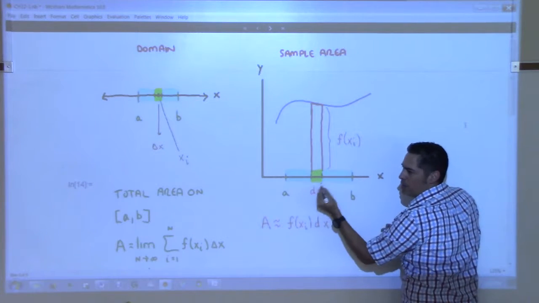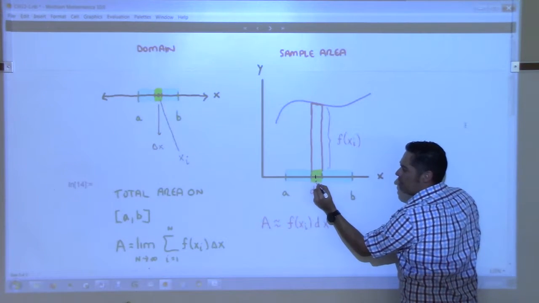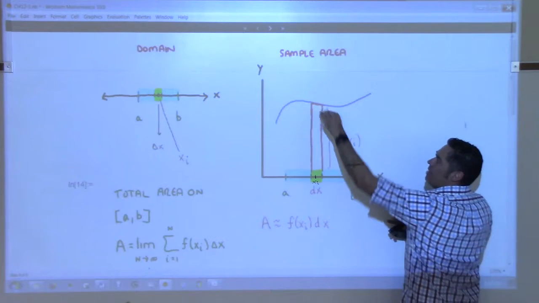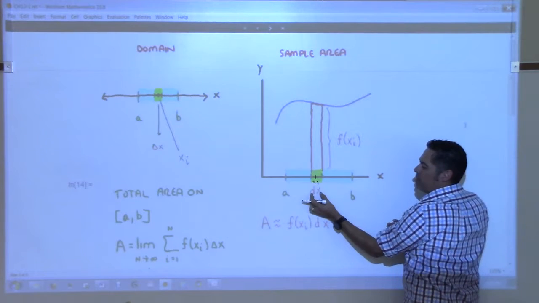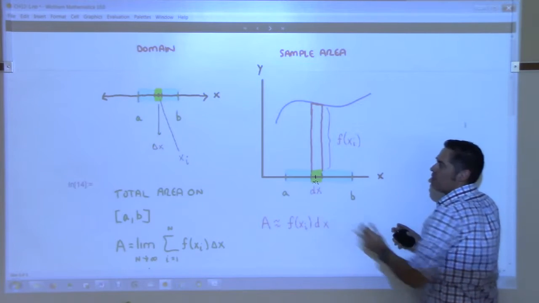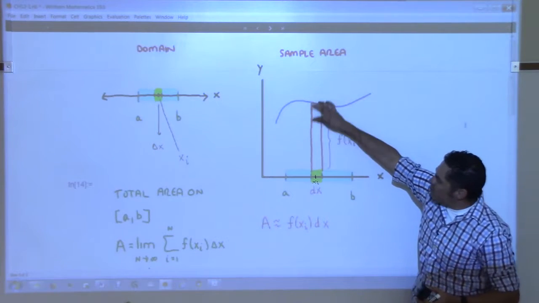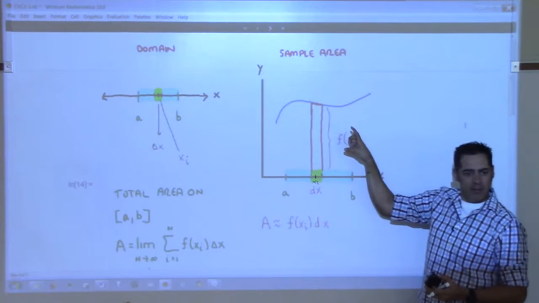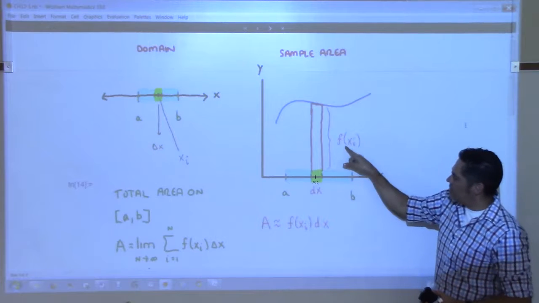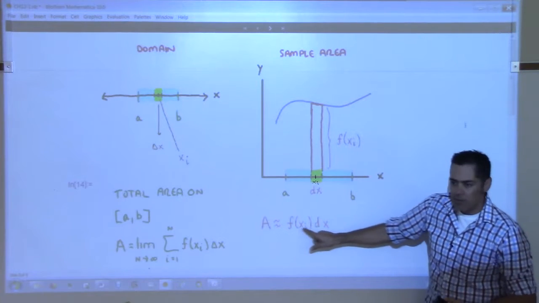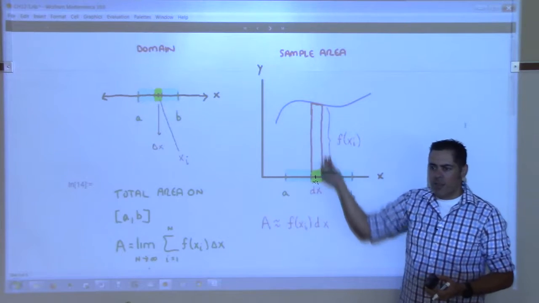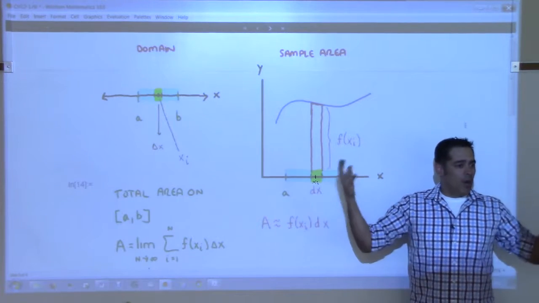This is where I would say midpoint, left point, doesn't matter. Pick any point in here, plug that point into the function, and that gives you the height, and the width is dx. So the area of this one sliver is width times height, and then we add them all up.